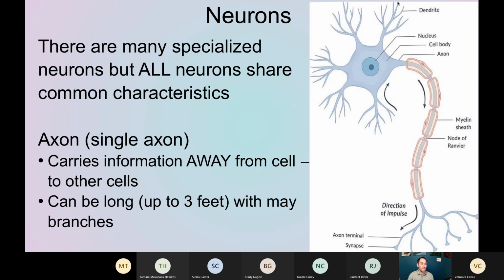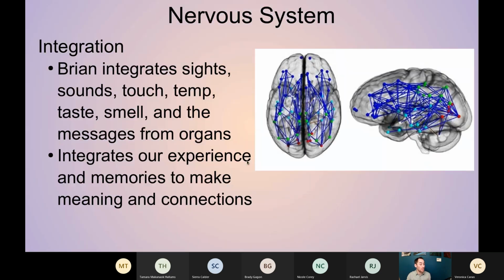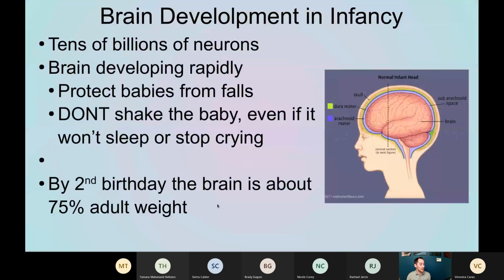So you've got multiple antennas or input wires to bring messages into this neuron. And then it sends one message out that can branch between multiple neurons. So the development of those dendrites and axon branches makes up most of the weight of our brain by adulthood.